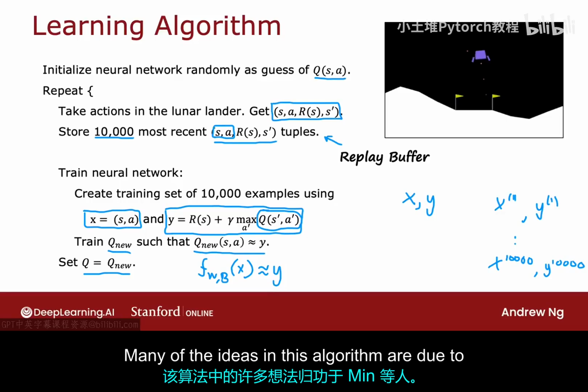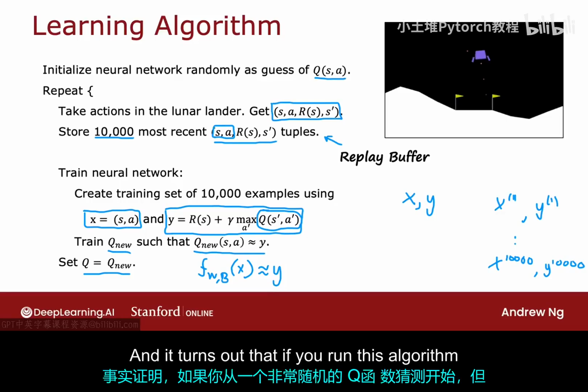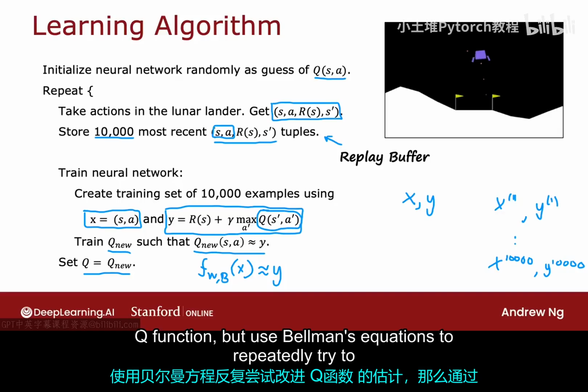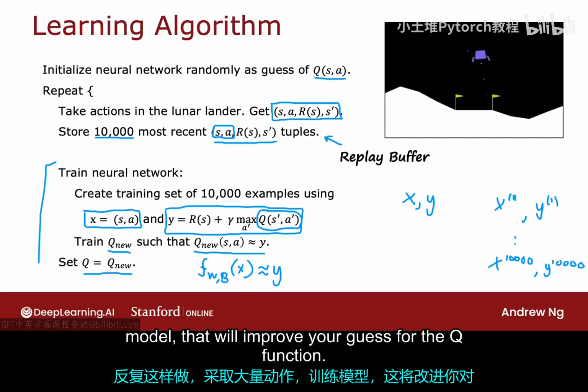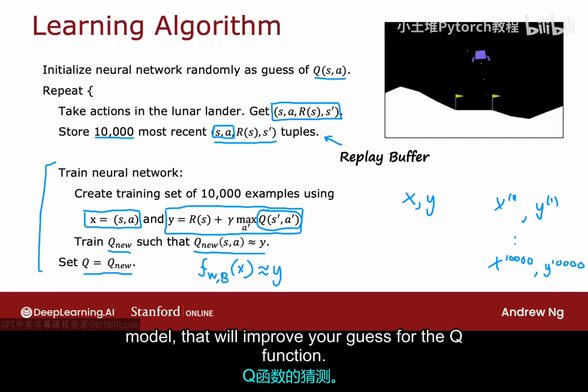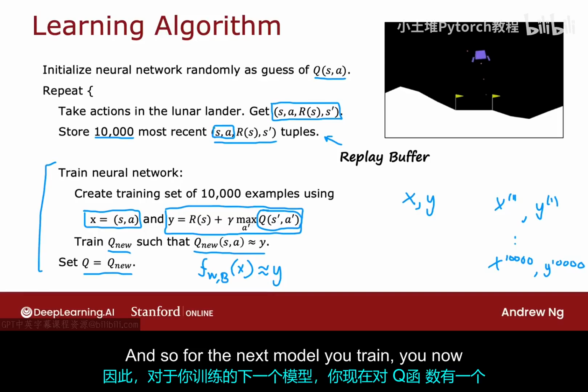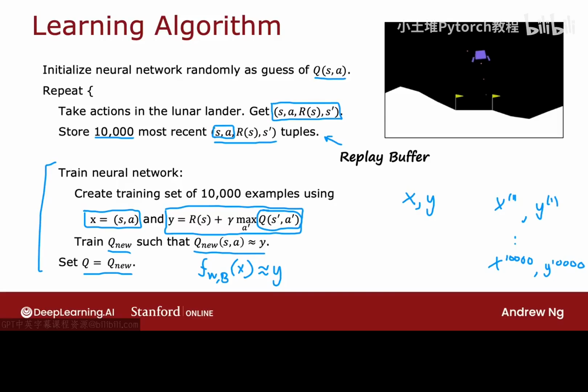Many of the ideas in this algorithm are due to Mnih et al. And it turns out that if you run this algorithm where you start with a really random guess of the Q function, but use Bellman's equations to repeatedly try to improve the estimates of the Q function, then by doing this over and over, taking lots of actions, training a model, that will improve your guess for the Q function. And so for the next model you train, you now have a slightly better estimate of what the Q function is. And then the next model you train will be even better.